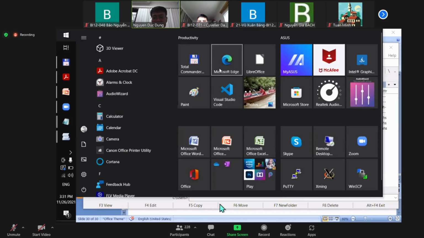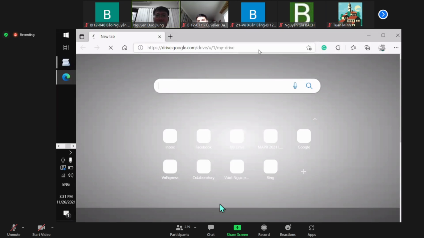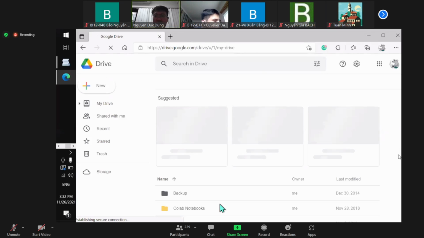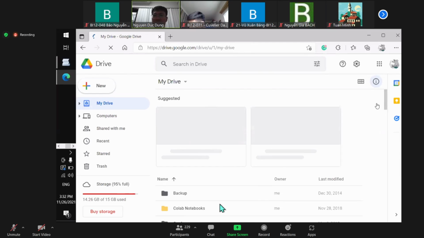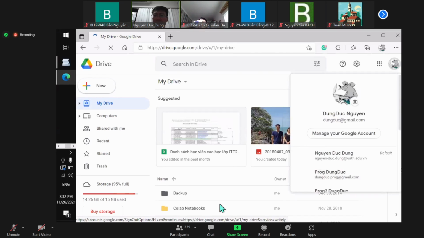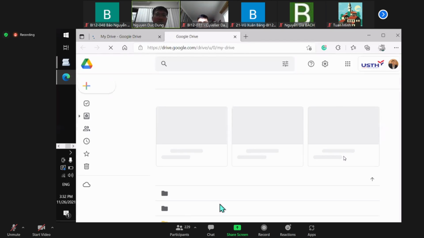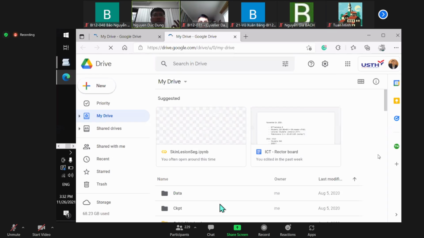For example, currently I teach the computer vision course, and I share all the reports of students from last year with this year's students. People have the right just to access that folder, but they cannot modify or delete the content of that folder, because I just want my students to see what has been done in the last course.